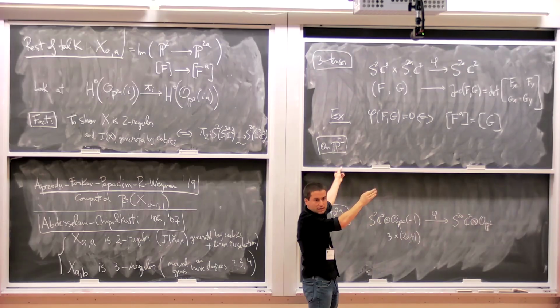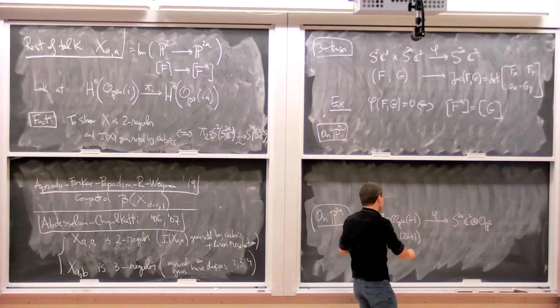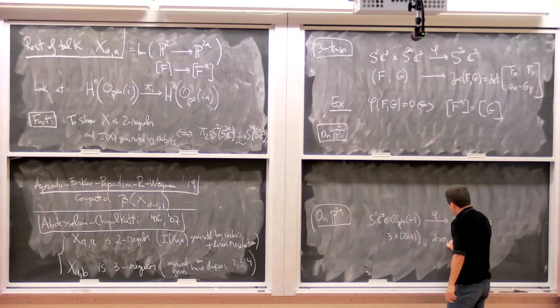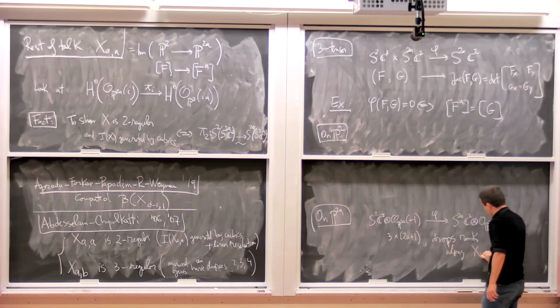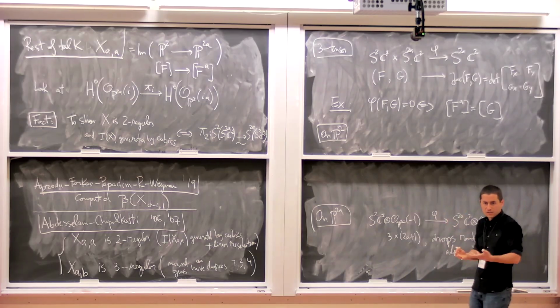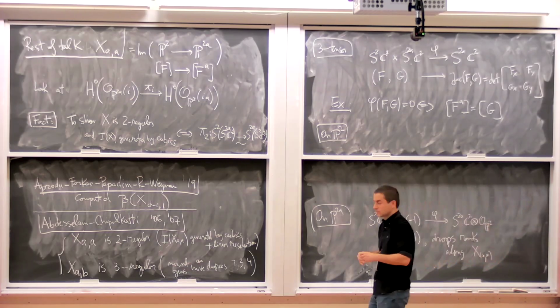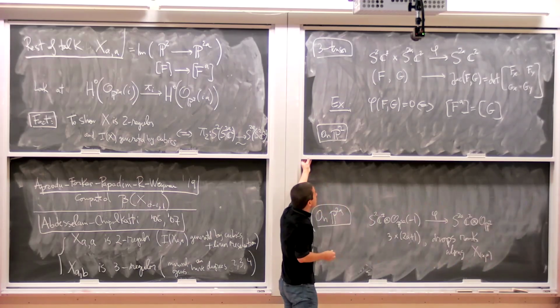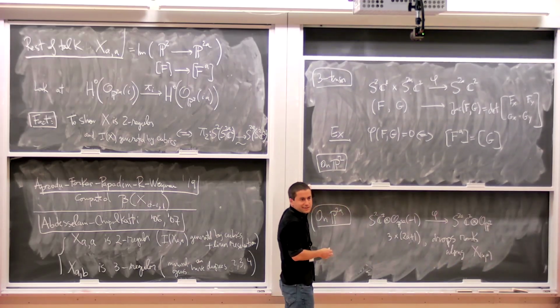It has no kernel, unless g is a power of f. So this usually has maximal rank, but it drops rank exactly when g is a power. It drops rank along X_{a,a}. And so it's the 3 by 3 minors of this matrix that vanish and actually generate the ideal.